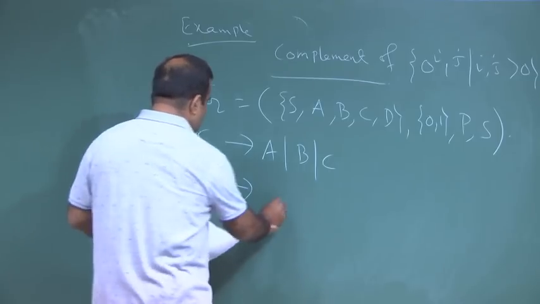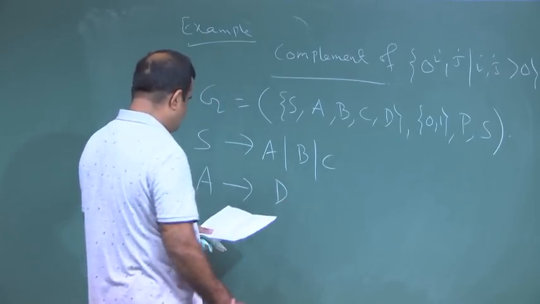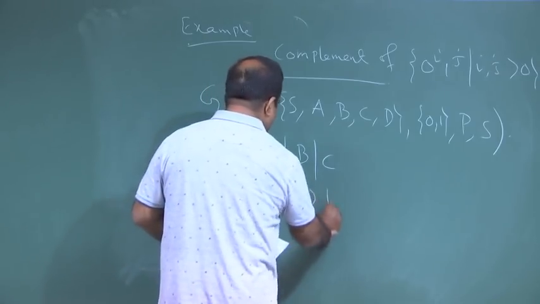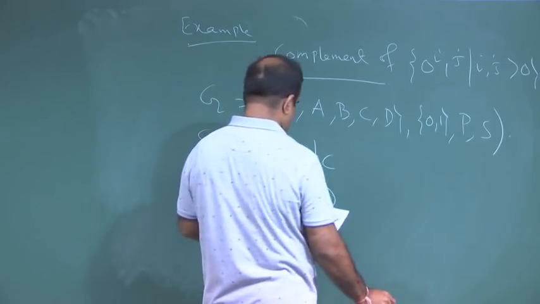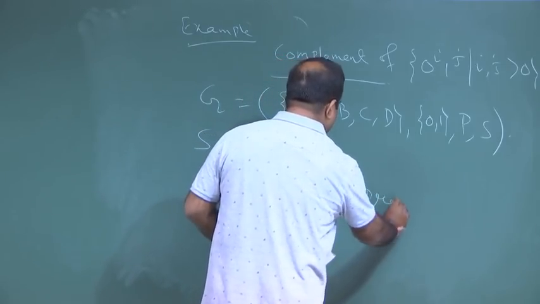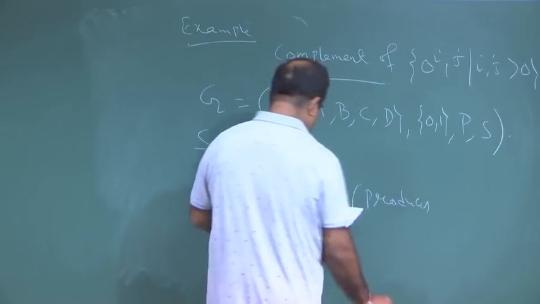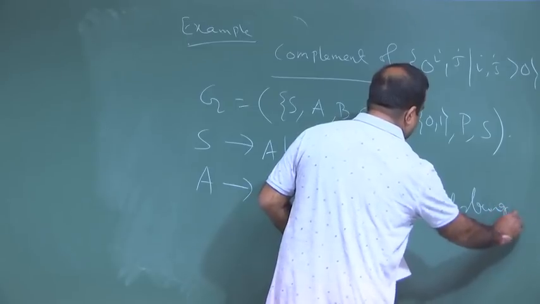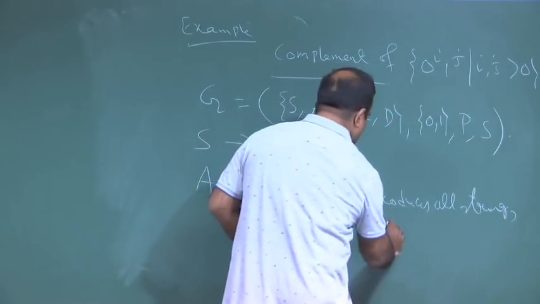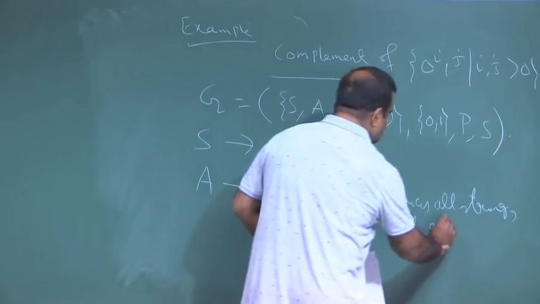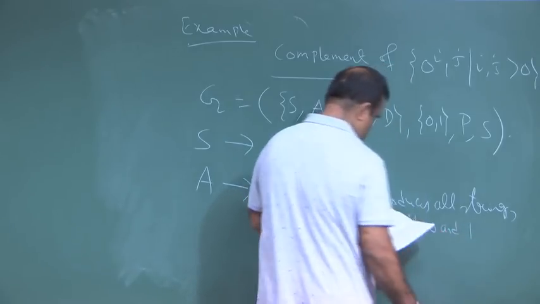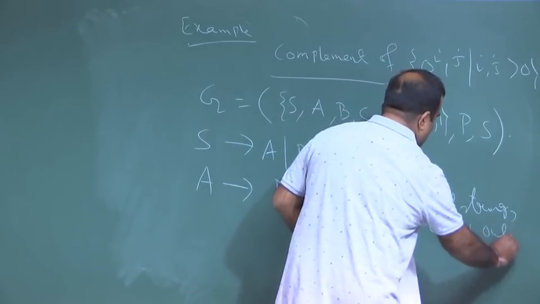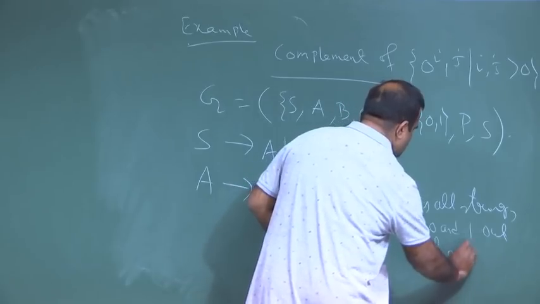For that we need D: A is going to D 1 0 D. This produces all strings with 0 and 1 out of order.